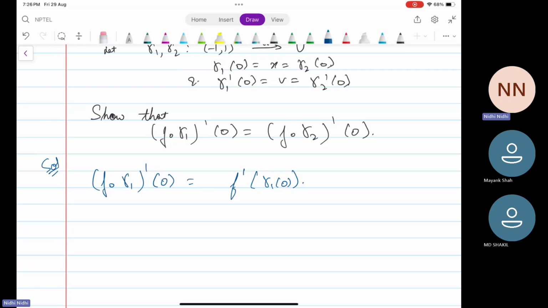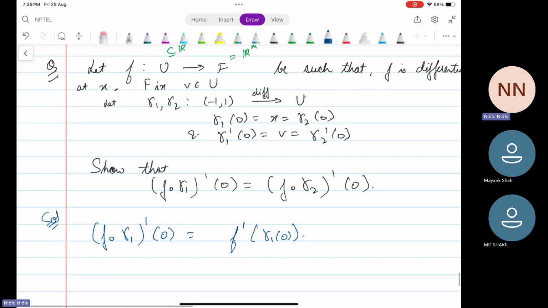Now f dash is a linear map, f dash at gamma 1 of 0. Now gamma 1 of 0 is an element in U. So f dash at gamma 1 of 0 is a linear map and its value at gamma 1 dash 0, its composition with gamma 1 dash 0.